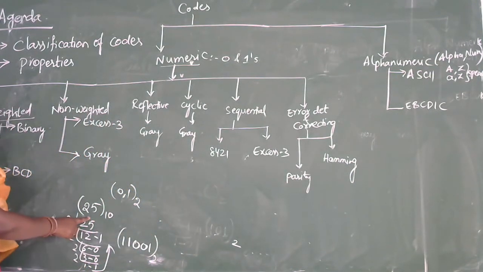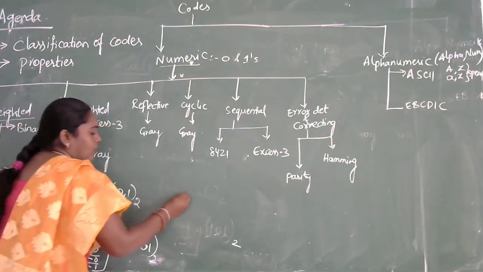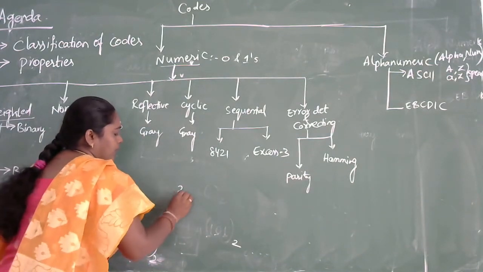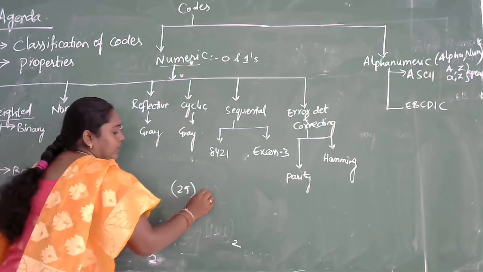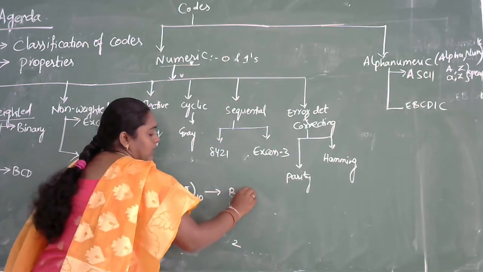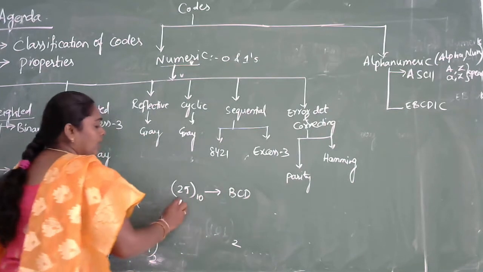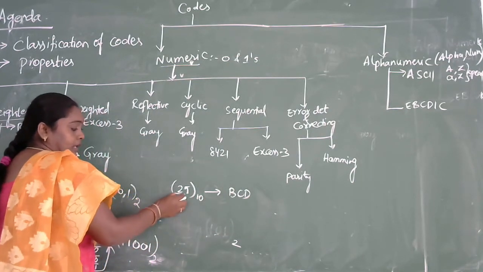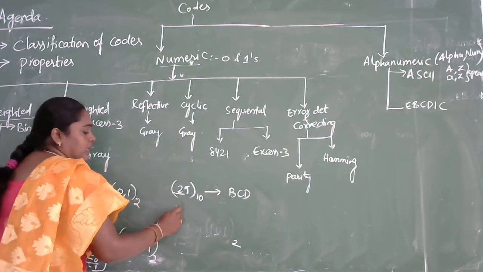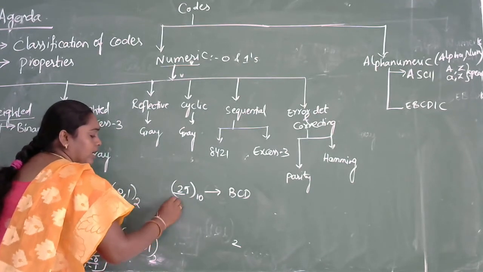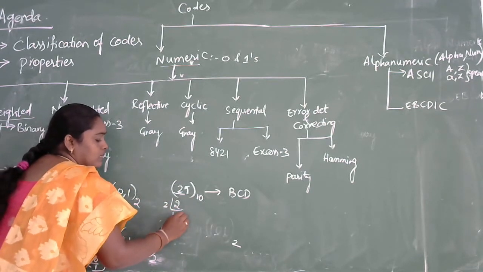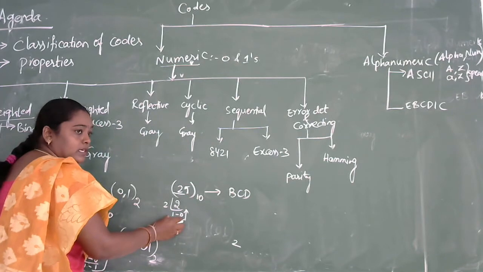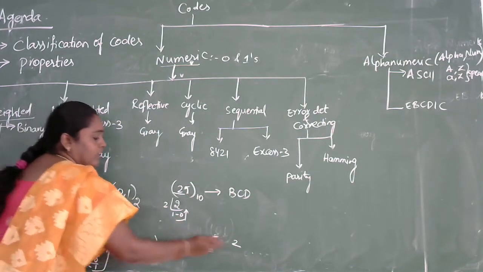But if I want to write the same 25 in terms of BCD, 25 consists of 2 digits. The first digit is 2 and the second digit is 5. The equivalent of 2 in binary is 10, but instead of representing it with 2 bits I need to represent it with 4 bits.